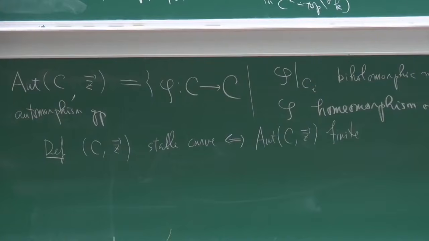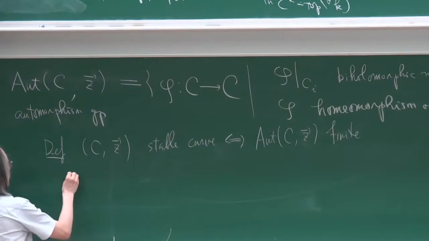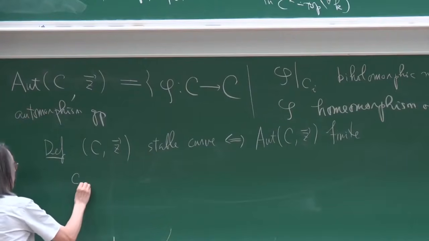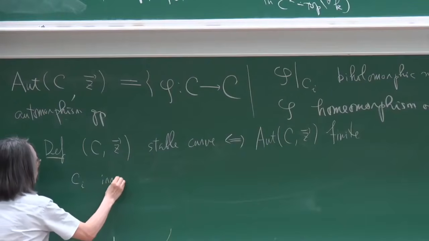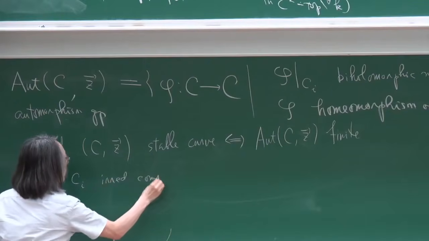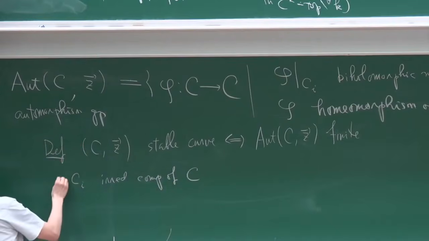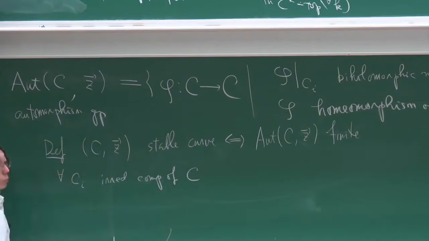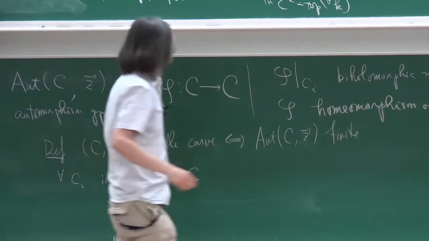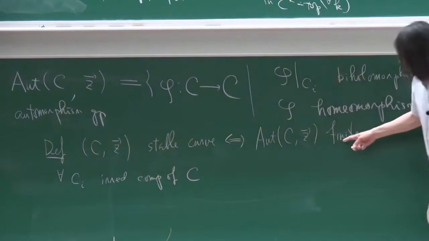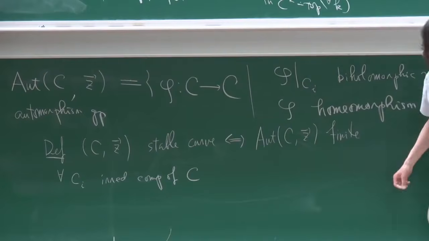And if you just look at each component, we can also say the following. So let Ci be an irreducible component of this C. Okay? And then for any irreducible component, we just interpret this condition as follows.